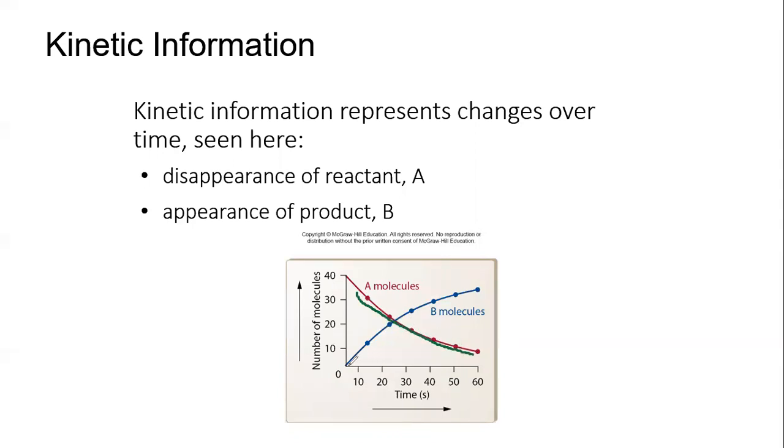And over time the product increases because it's being produced. So you can either monitor the disappearance of a reactant, or the appearance of a product. And in this lab, we'll be monitoring the appearance of a product. So you'll be seeing how long it takes for this iodine starch complex to form, and you're going to record the amount of time it takes for it to form that product.